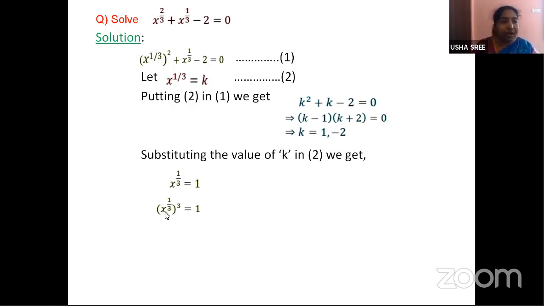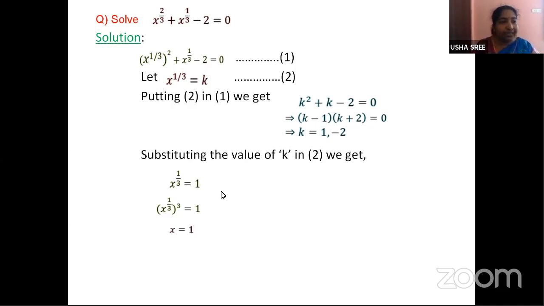When we take cubing on both sides, x power 1 by 3 whole cube is equal to 1 cube. 1 cube is 1, right? So 1 by 3 and power 3 get cancelled, like right in the beginning I was mentioning, a power m whole power n is a power mn. So x power 3 by 3, which is nothing but x. x is equal to 1.